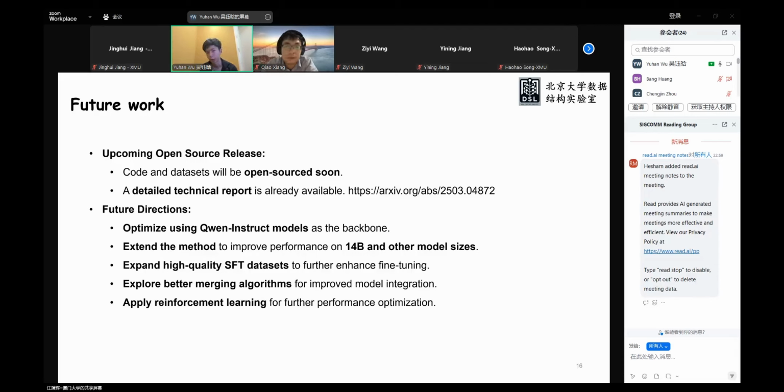But I think the most challenging one is the fifth, reinforcement learning, and it requires quite a lot of computational resources, and it may not be quite suitable for a lab in a university.